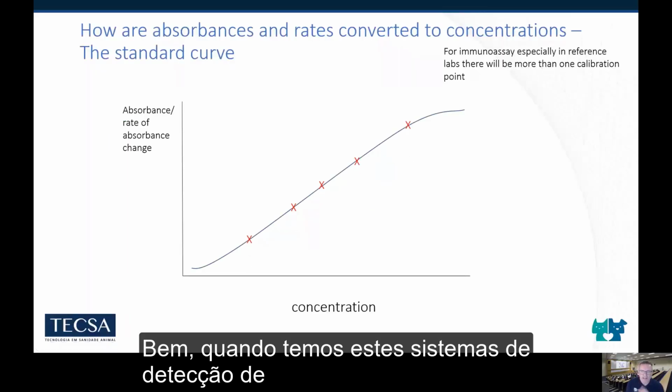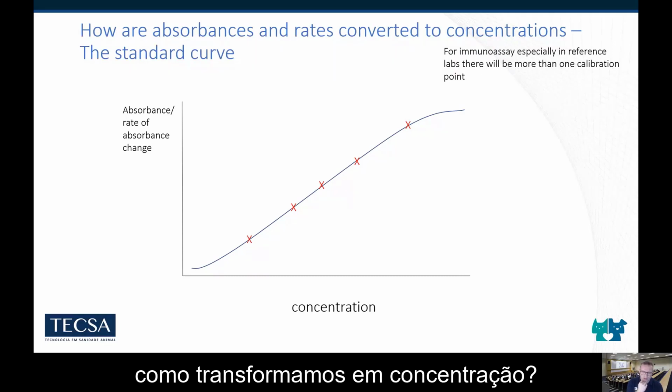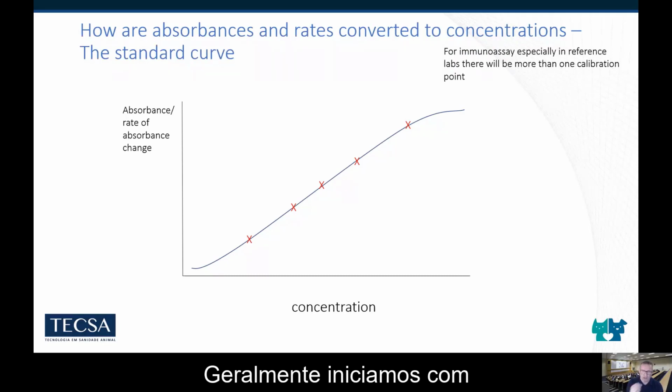So when we have these detection systems detecting our interactions with antibodies and hormones, how do we turn that into a concentration? Well, generally we will have started with some samples with known cortisol concentration.